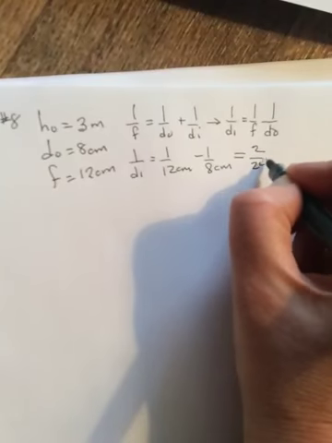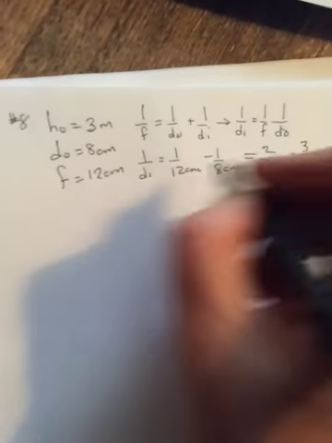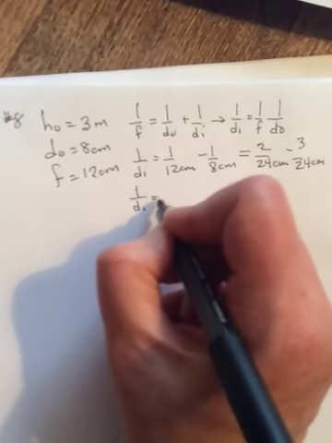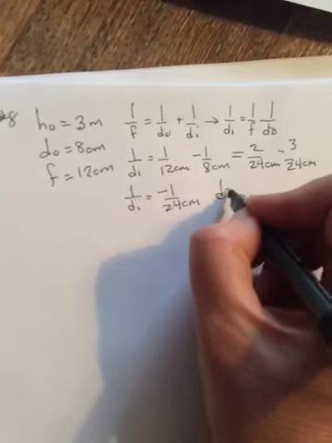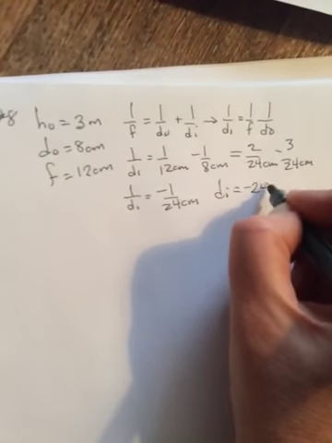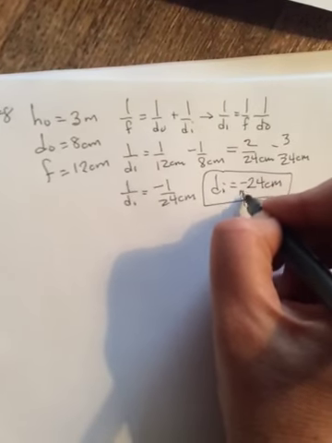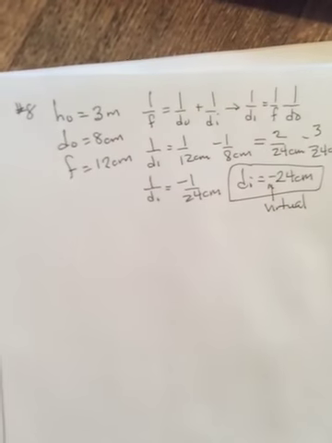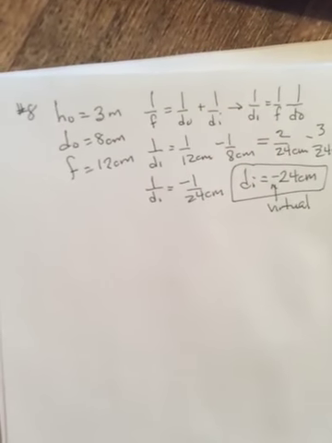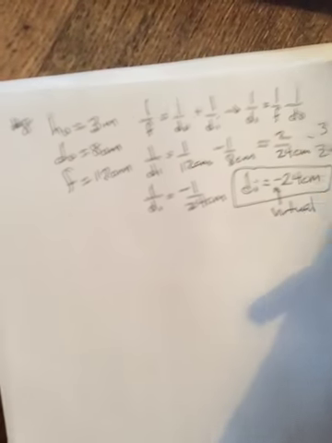So 2 over 24 minus 3 over 24. So 1 over DI is equal to negative 1 over 24. So DI is equal to negative 24. Negative means virtual, and virtual means erect. And that's a good thing if you're a jeweler trying to fix a watch. You would like the watch to be right side up, wouldn't you, if you were trying to fix it?